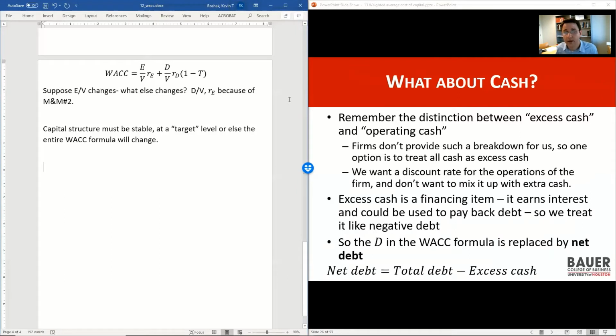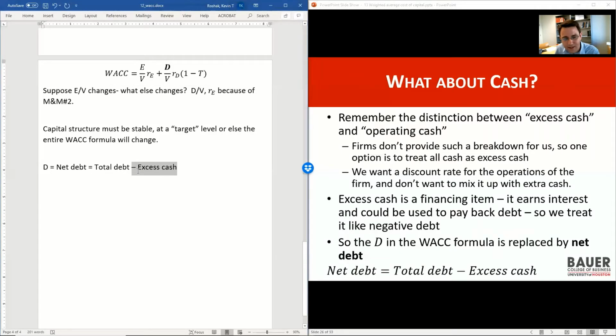In particular, when we use debt in the WACC, that's a very important piece, D over V, what are we actually going to use? We're going to be using what's called net debt. Once again, we're going to be taking out the excess cash.